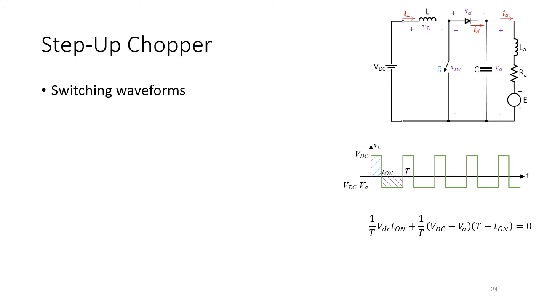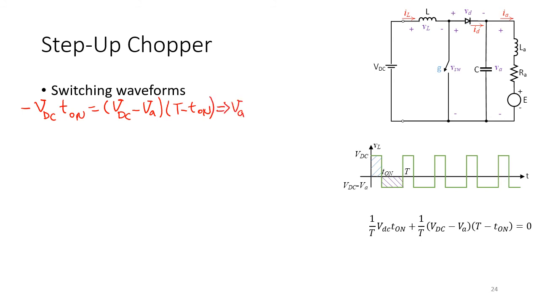Okay, so we used the shaded areas and came up with this equation. Let's simplify it more. Minus VDC T on is equal to VDC minus VA times T minus T on.